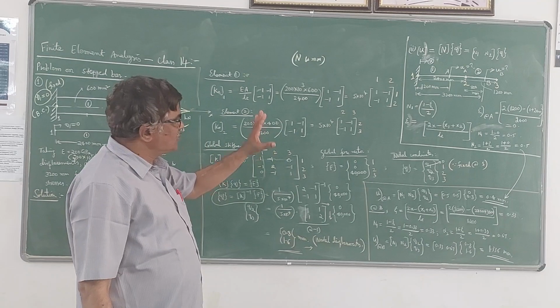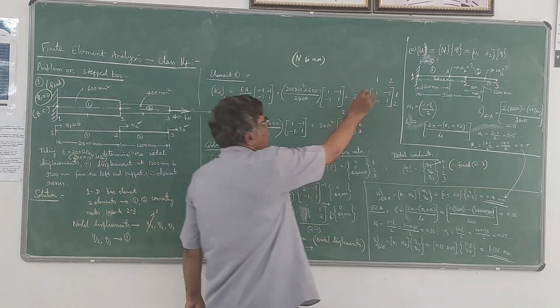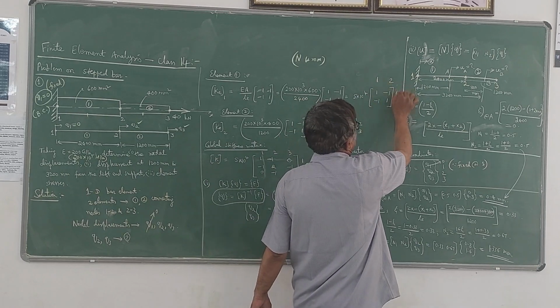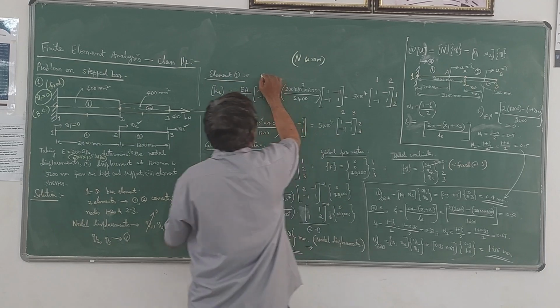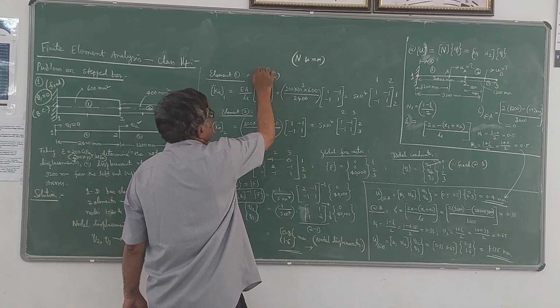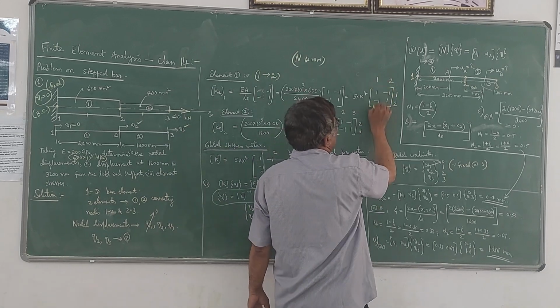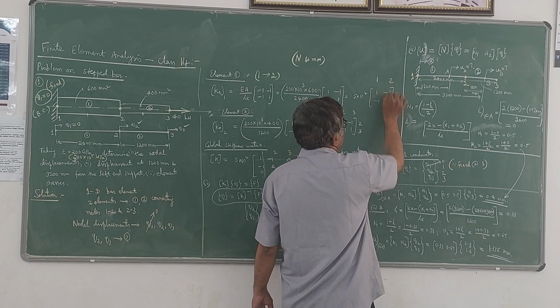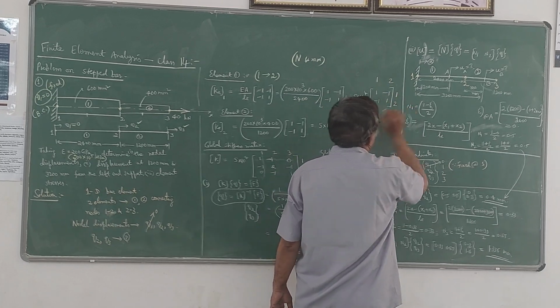Now, once you get this stiffness matrix, this is a very important step. You have to write that this element 1 connects nodes 1 and 2. Therefore, the first column represents 1, the second column represents 2. Here also the first row represents 1, the second row represents 2.